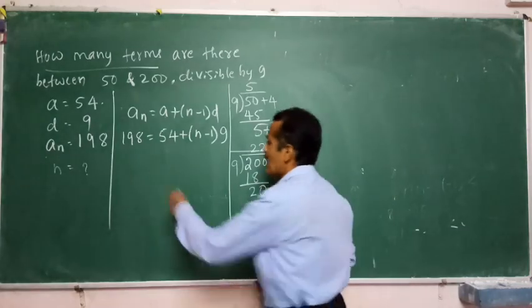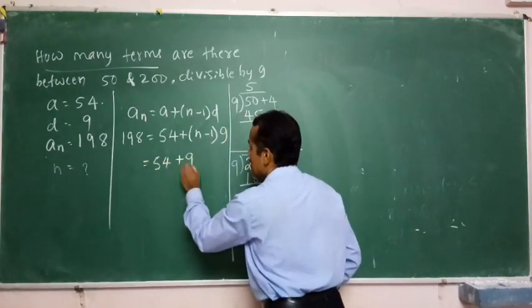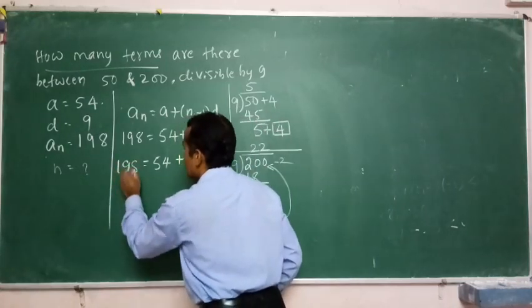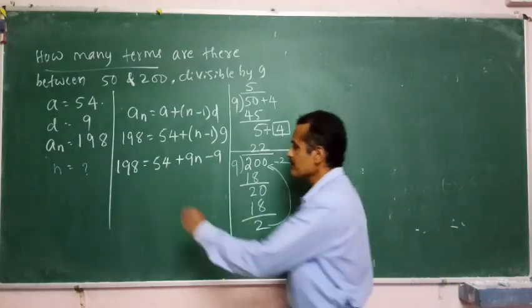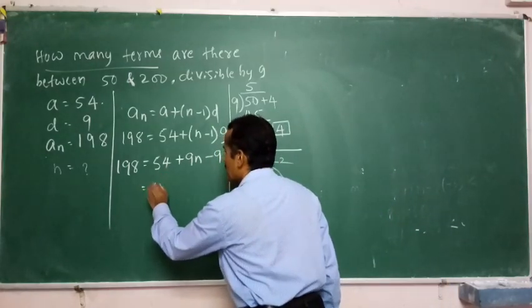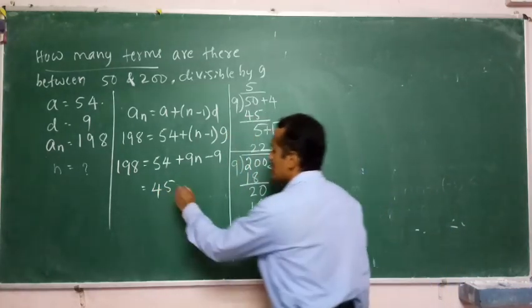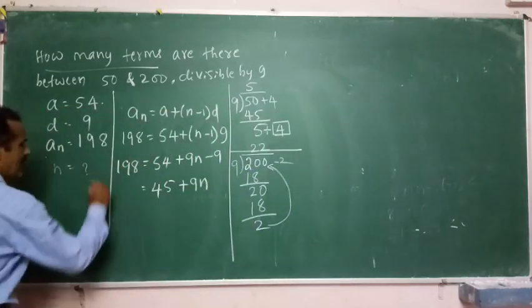Both are simple. I will open the bracket. 54 plus 9n minus 9 is equals to 198. 54 minus 9 is equals to 45, plus 9n.